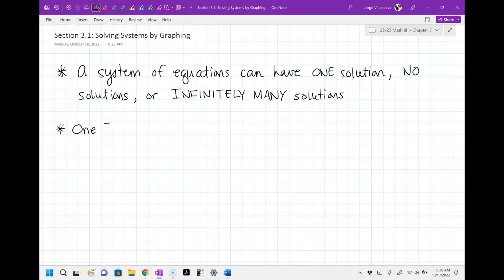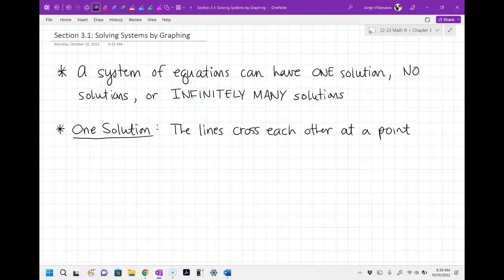So it can have one solution. All right? If it has one solution, the lines cross each other at a point. So notice these lines cannot be parallel, right?